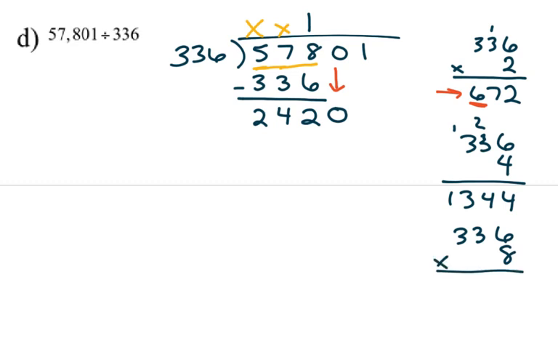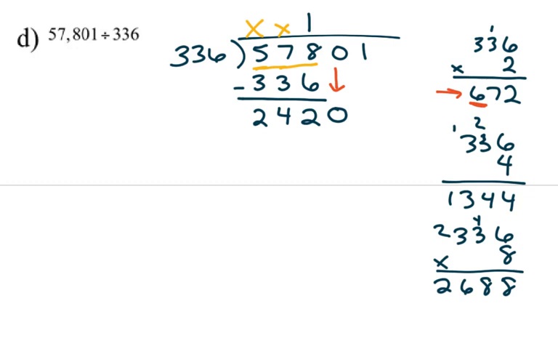And if that's too large, we're going to have to go to 7, and that's okay. It's okay to have extra work over on the right because you'll never know when you need it. So 336 times 8, we have 6 times 8 is 48. 8 times 3 is 24, plus another 4 is 28. 8 times 3 is 24, 25, 26. So yeah, that was a little bit too big there.